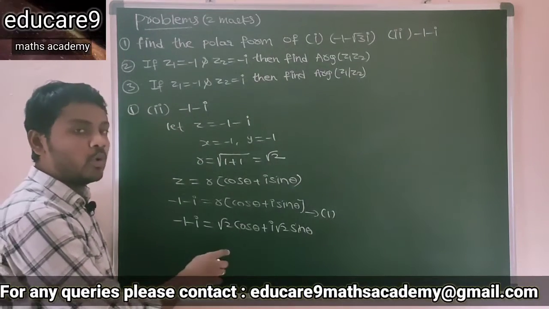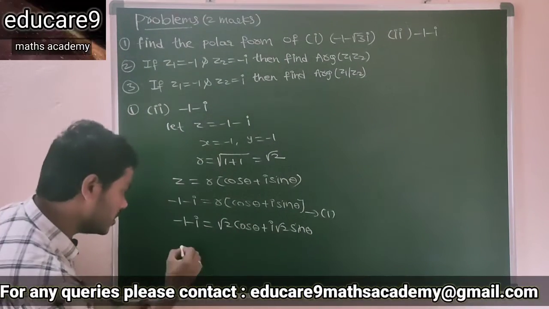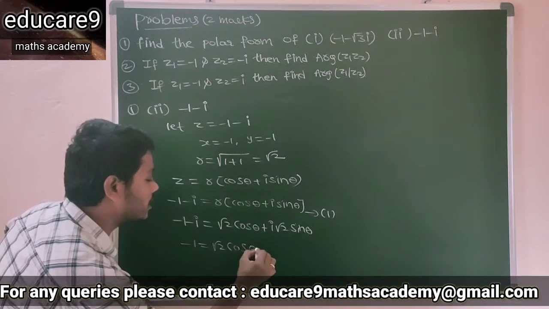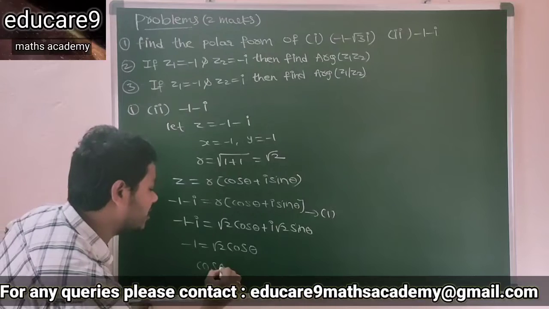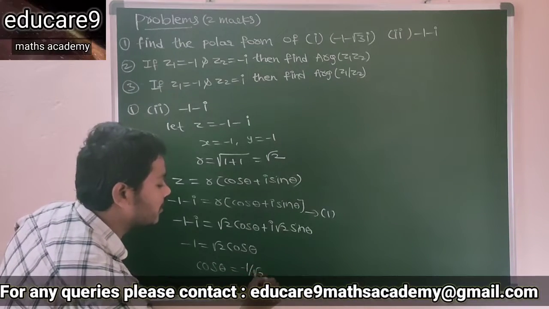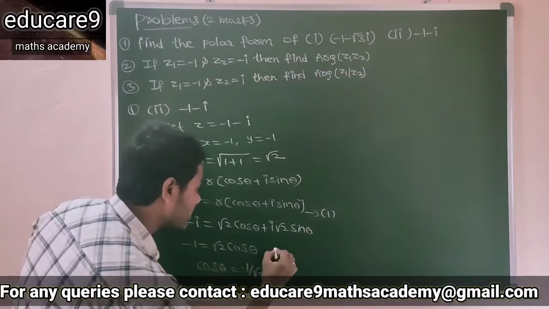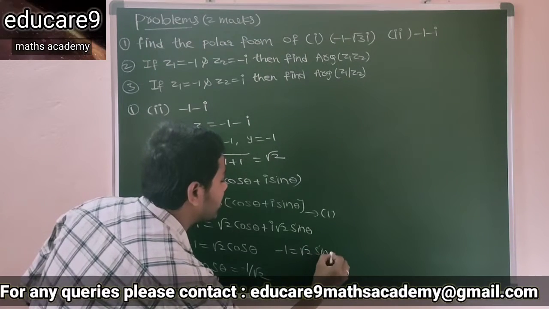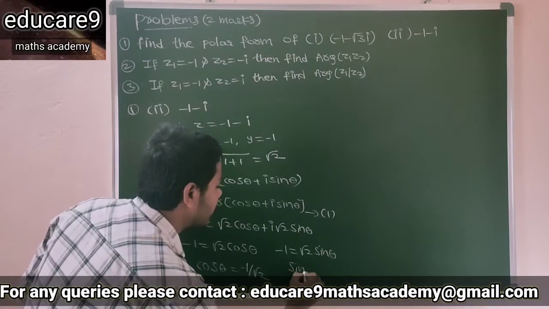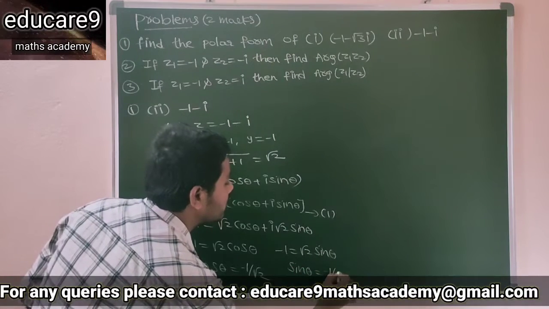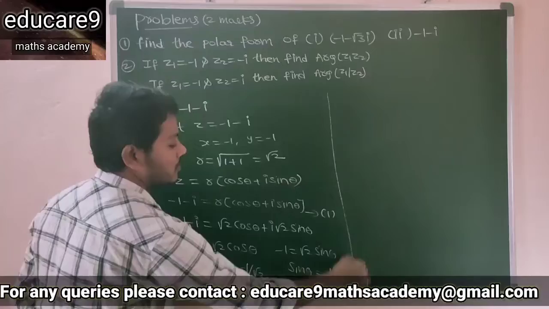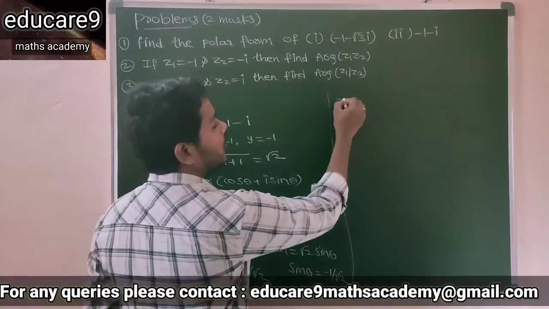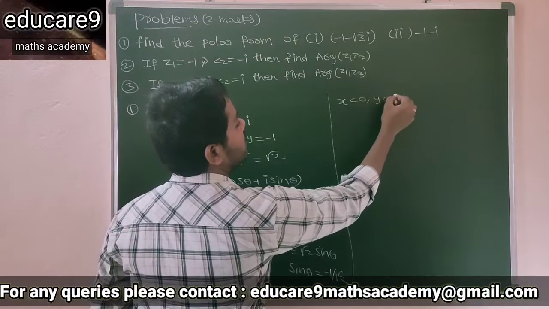Now comparing both the real and imaginary parts. So what you get? -1 is equal to root 2 cos theta. So cos theta value is -1 by root 2. And -1 is equal to root 2 sin theta. Sin theta value is -1 by root 2. So see here, both x and y are negative. x is less than 0, y is less than 0.